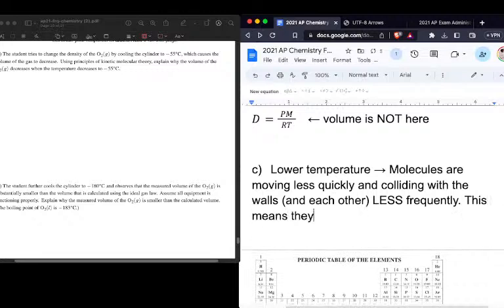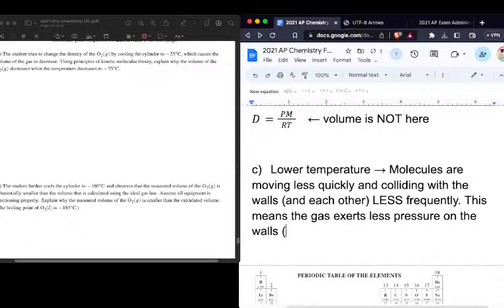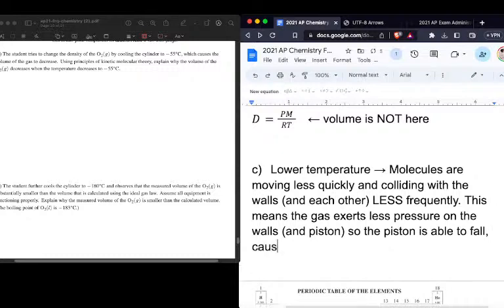This means that the gas exerts less pressure on the walls and piston, so the piston is able to fall, causing a decrease in volume.